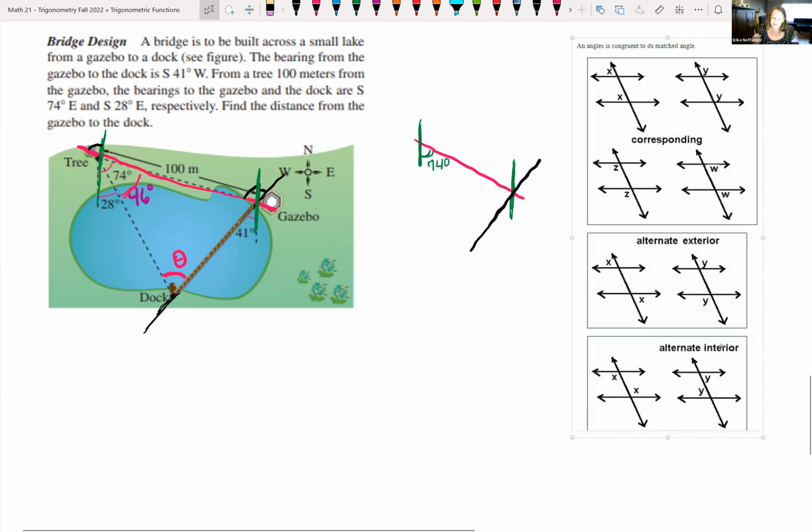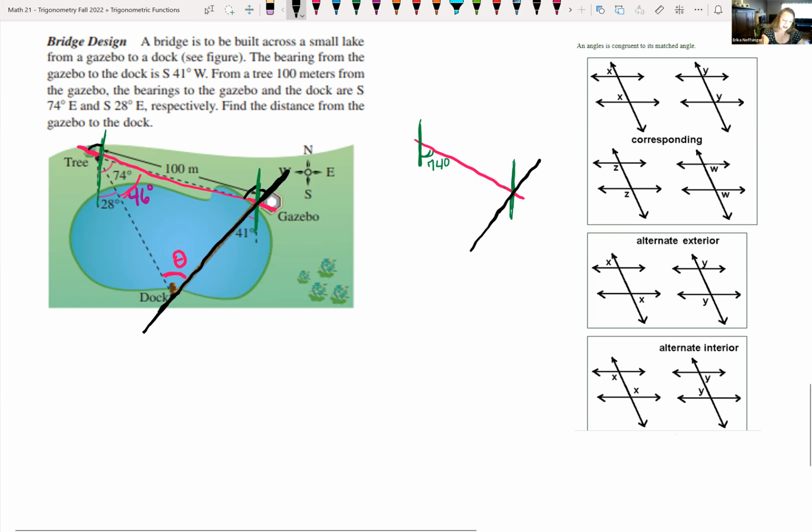But anyways, in front of us, I pulled up some congruent angles and corresponding angles that are congruent to one another. And so we're going to use this fact to help us figure out the angles that we know. I put down those two vertical lines that we had. I put down the transversal line that cut those two parallel lines. And then I just extended this line from the dock to the gazebo up a little more.